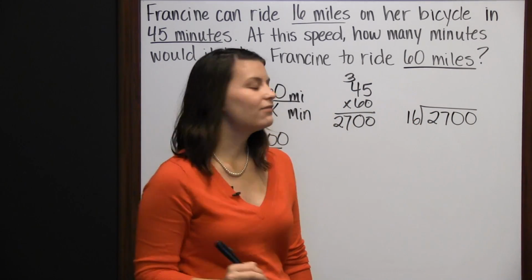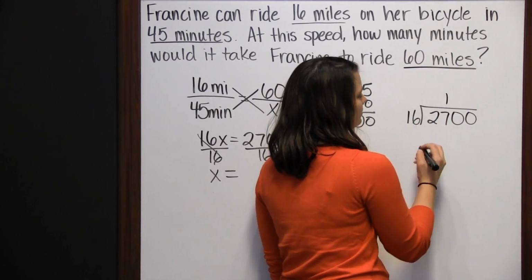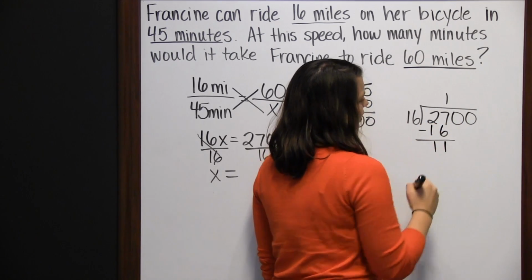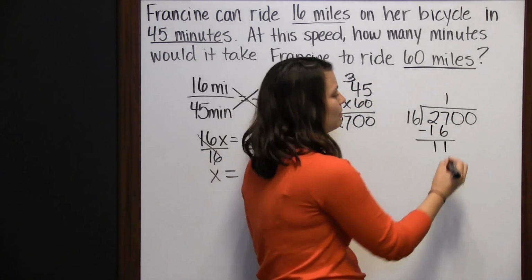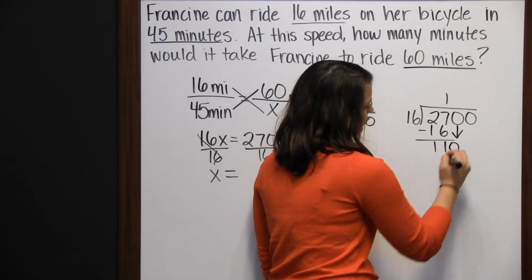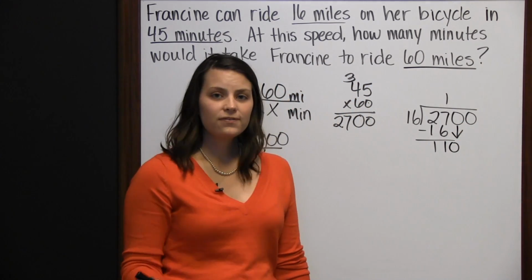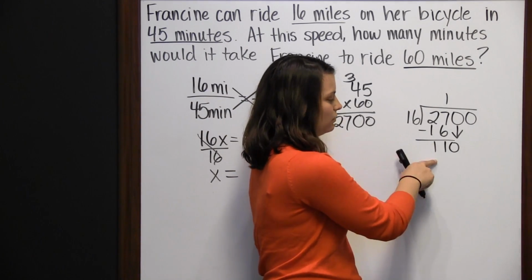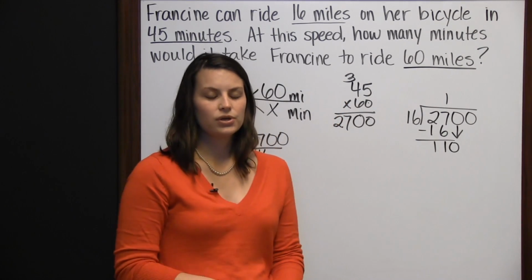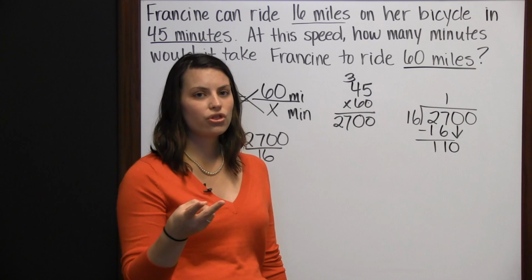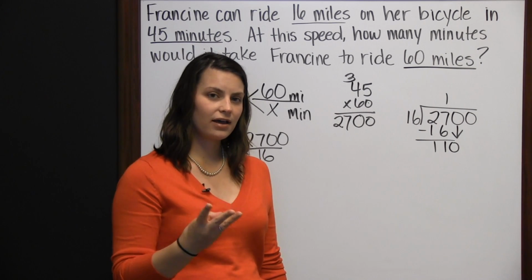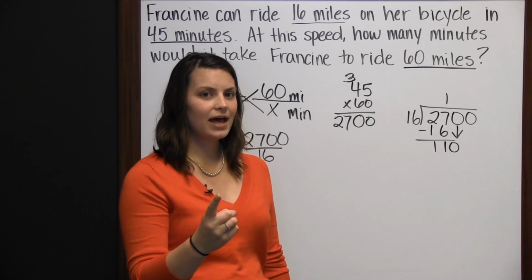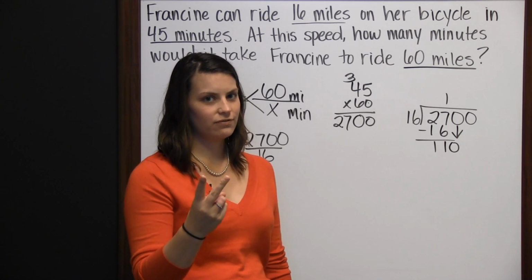16 goes into 2,700 one time. And that's 16, and we subtract and get 11. Then we bring down our 0. We could use 15 as a compatible number to see how many times 15 would go into 110. So we have 15, 30, 45, 60, 75, 90, 105.